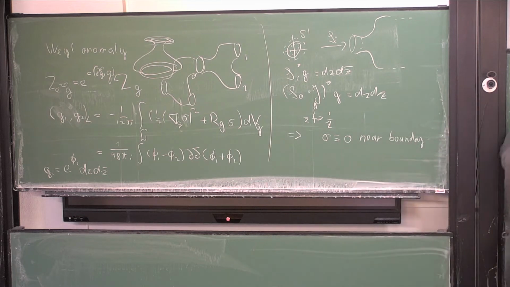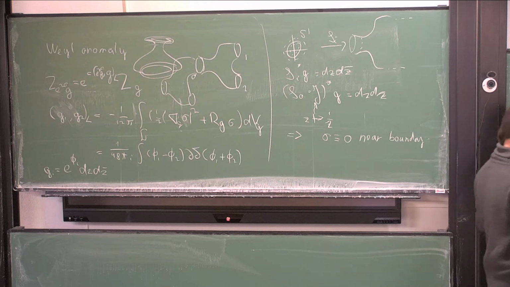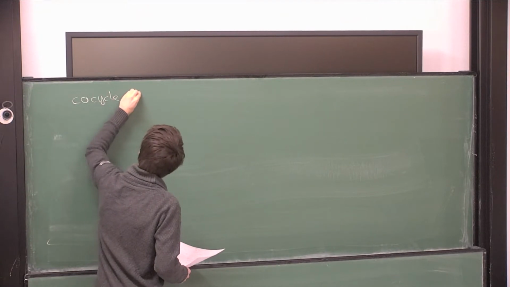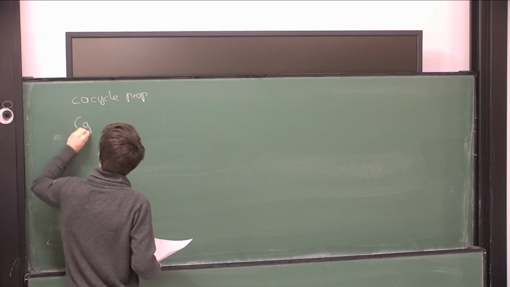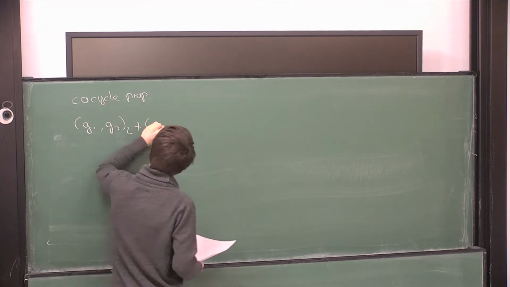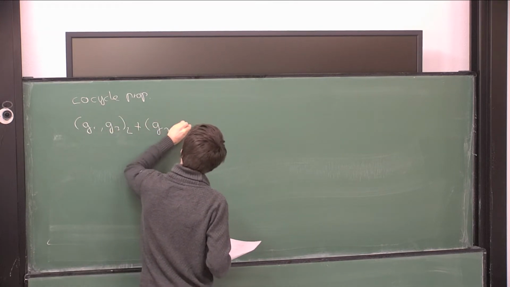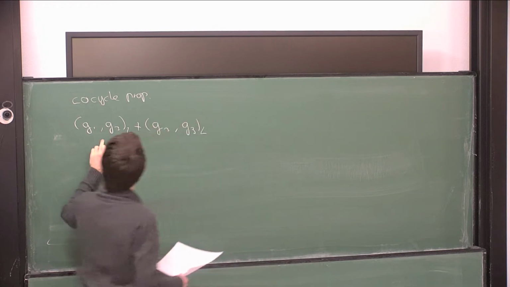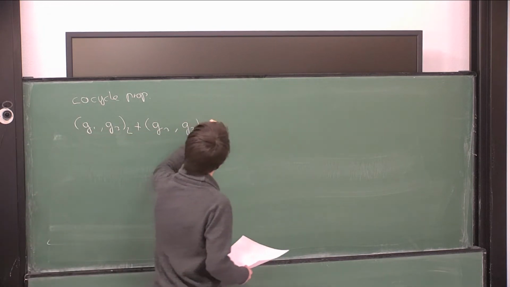Now we get some properties of this Liouville action, one of which is the cocycle property. That's if we take three metrics, then the middle one cancels.